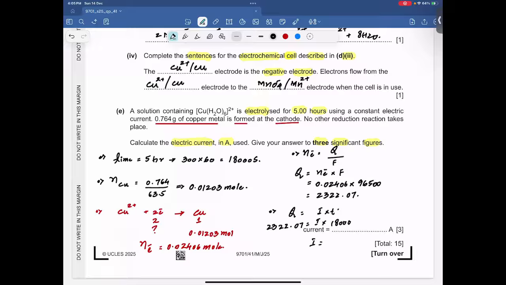So the current is going to be 2322 point something divided by 18,000, which is 0.1290 ampere. Okay, and that was the current used. That's the end of this question, guys.